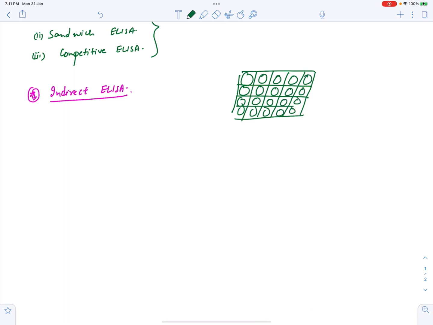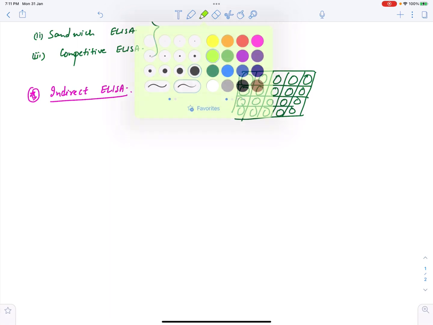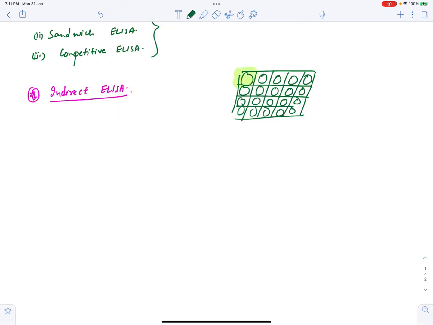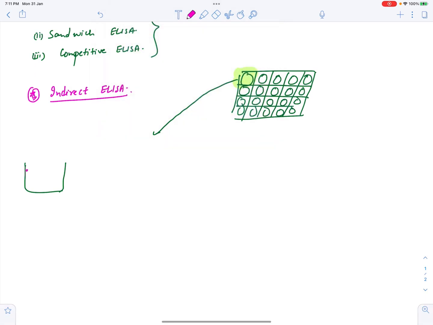In indirect ELISA, these plates are adsorbed with antigens. Suppose I take this well and zoom into it, it would look like this. So this is a single well, in which different antigens are adsorbed.